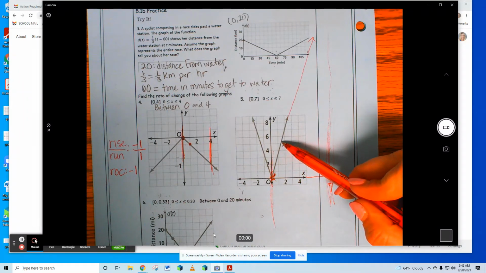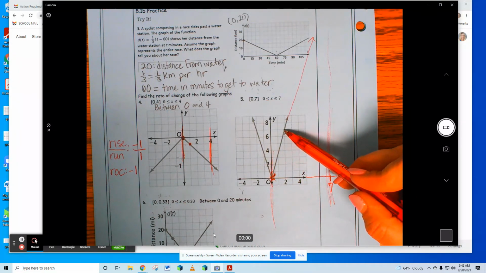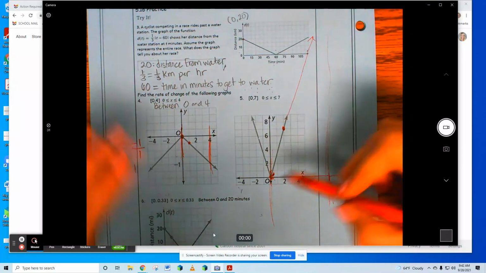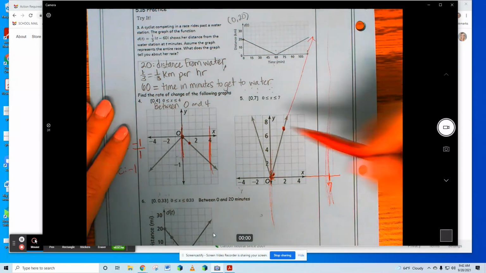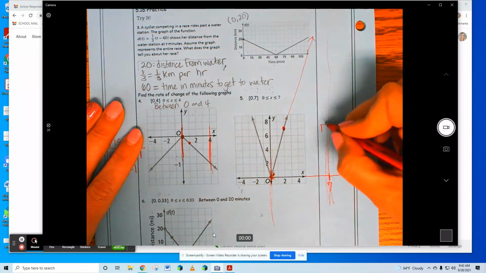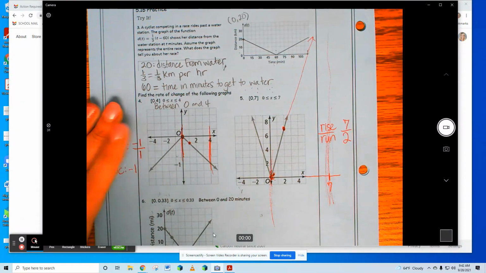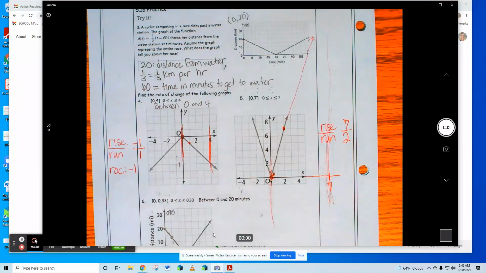Perfect intersection. You guys are so good. Rise 7, run 2. Rise 7, run 2. 7 halves.